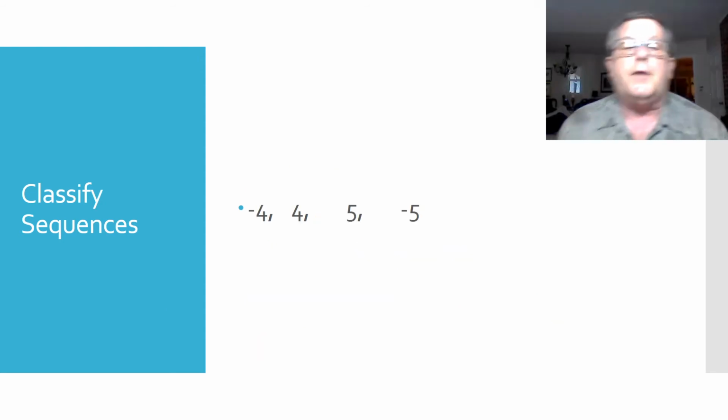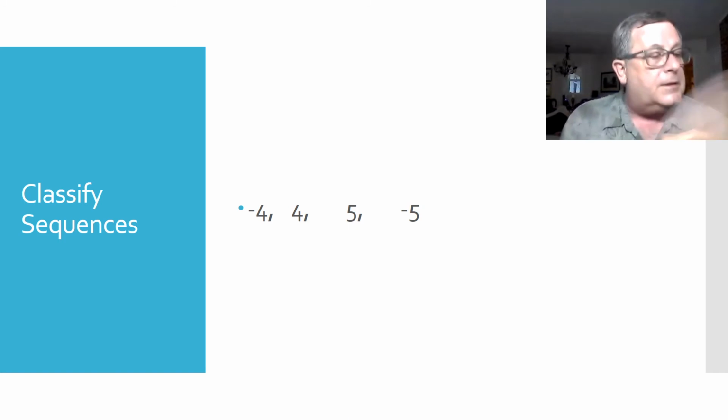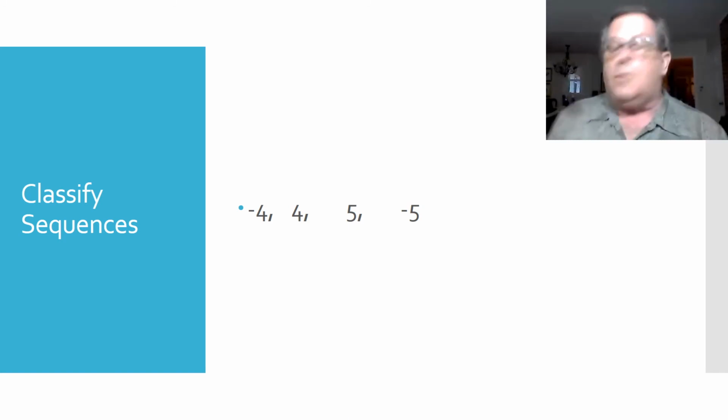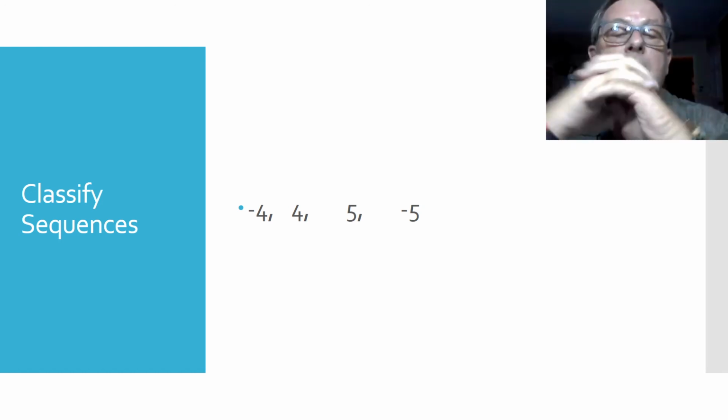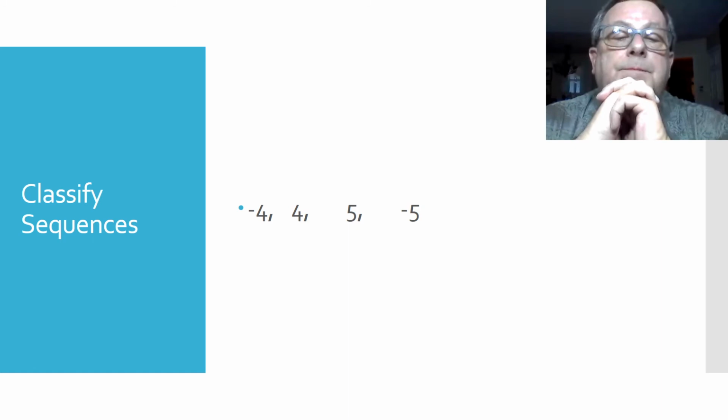Okay, last one here. We're going to try to determine, is this arithmetic, is it geometric, or is it neither? And I've got a sequence -4, 4, 5, -5. Well, let's see. Common difference between -4 and 4 is 8. Well, 8 plus 4 doesn't equal 5.